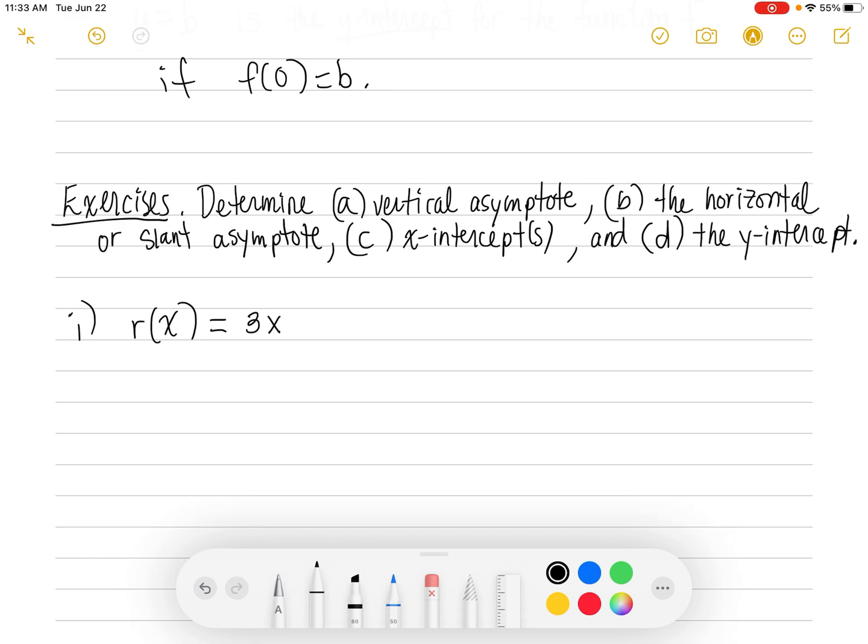Number 1, we have a function r of x equals 3x times x plus 4. That's the top polynomial. And the bottom polynomial is going to be... oh, I copied this down wrong. My bad.